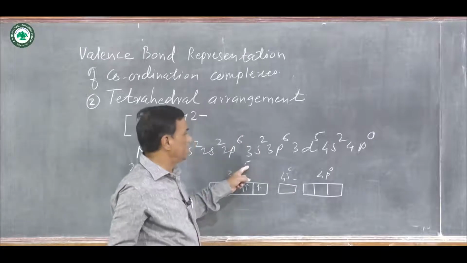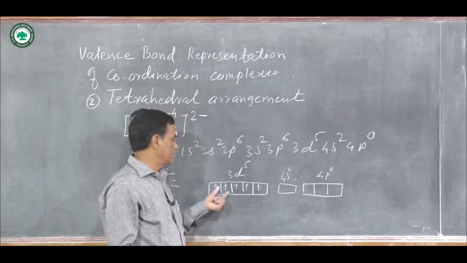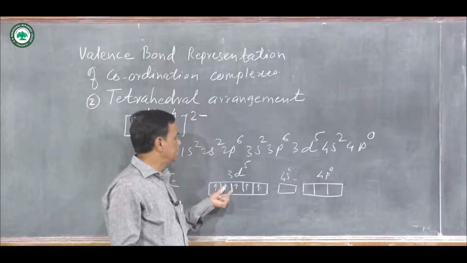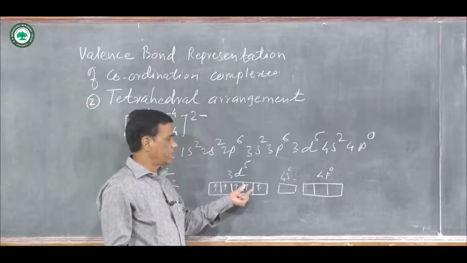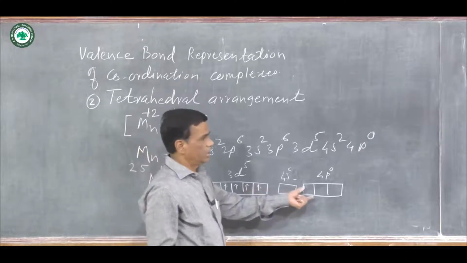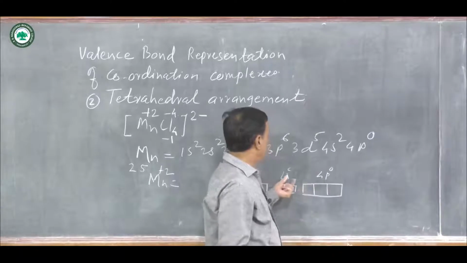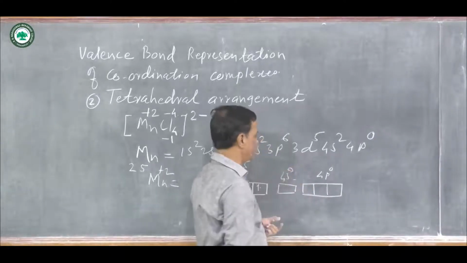Then these 5 electrons are in the 3d orbitals: dxy, dxz, dyz, dx2-y2, dz2. Here the 4p orbitals are px, py and pz, and the 4s orbital contains 0 electrons.